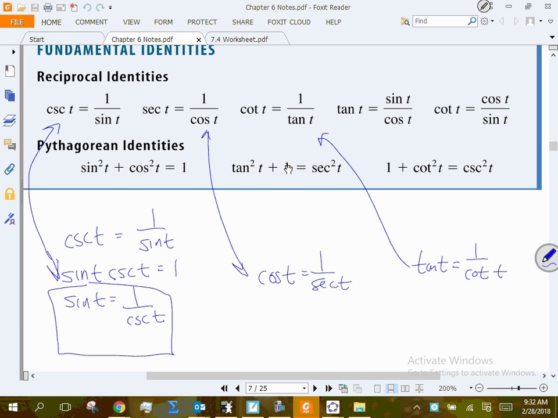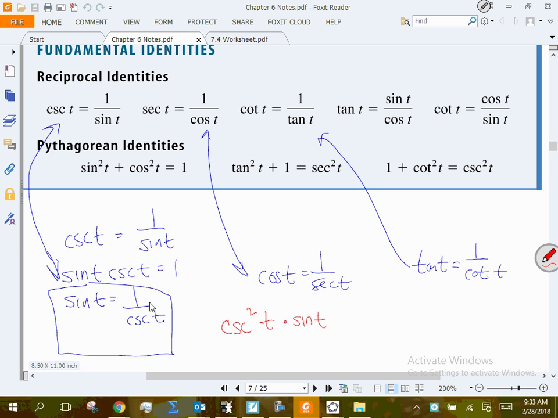Okay. For instance, if we were to have an expression at some point that said cosecant squared t times sine of t. That's kind of ugly, right? That's an ugly expression. Okay.